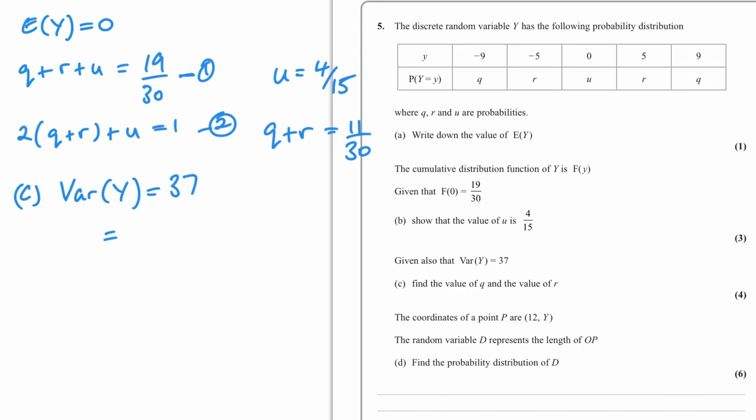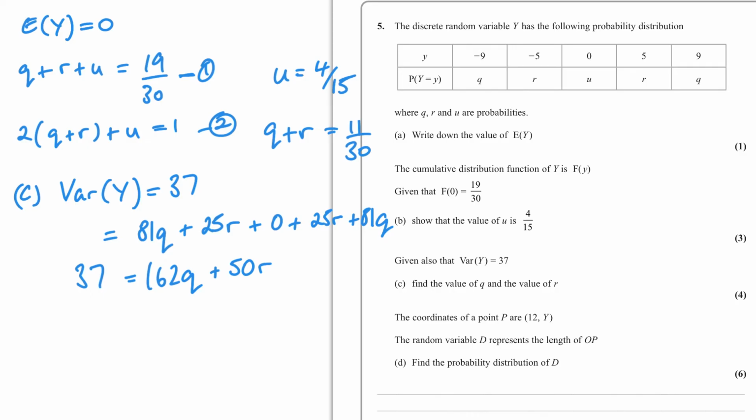So minus 9 squared is 81 times q. Minus 5 squared, 25 times r. 0 squared is obviously 0. 5 squared, 25r, and 81q there. So we've got 162q and 50r. And that, of course, is equal to 37.